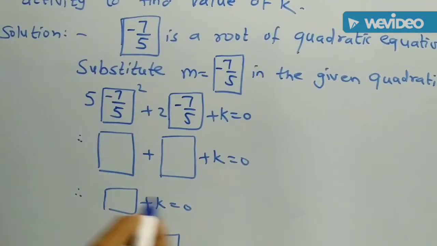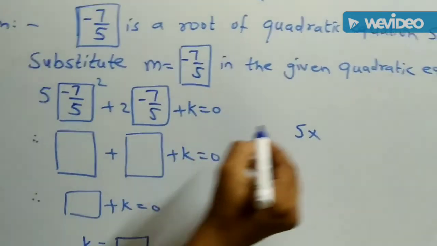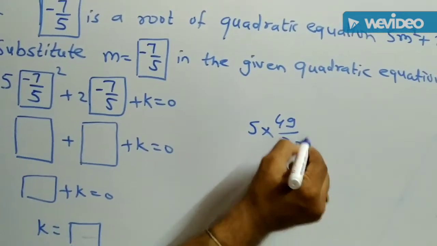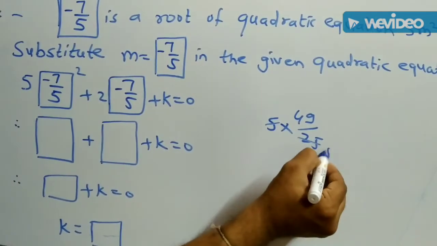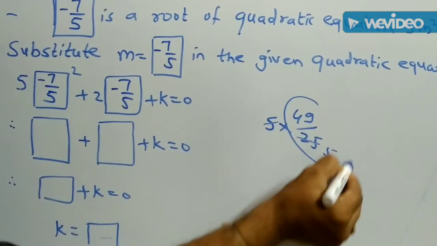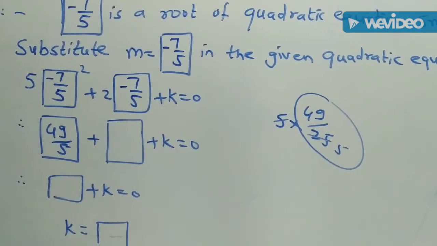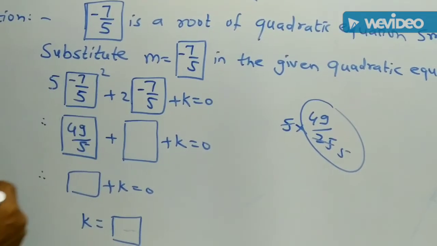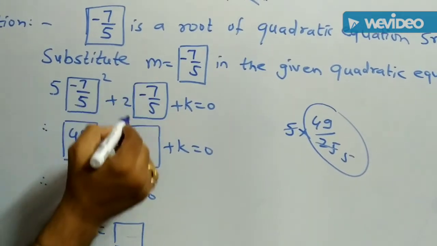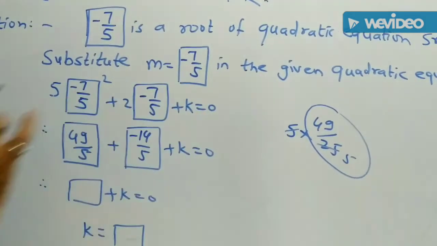Now solve this firstly. 5 into square of −7/5, that is 49/25. 25 divided by 5 is 5. That means on solving we get 49/5. Now plus 2 into −7/5, that is −14/5, plus k is equal to 0.